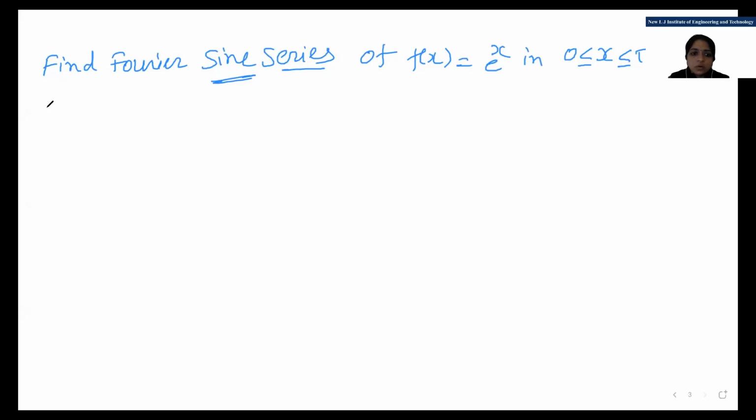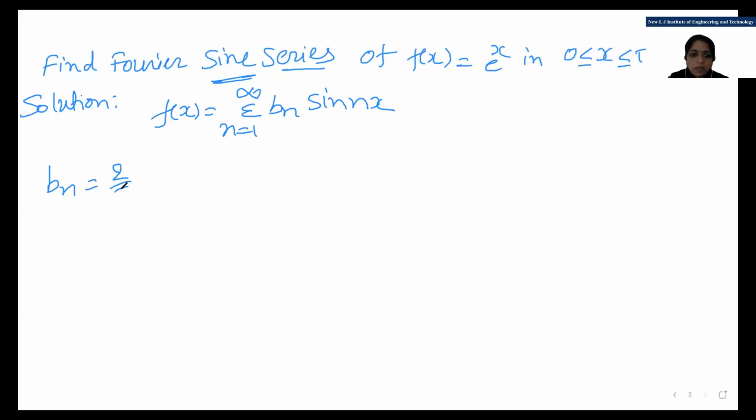So as we know, the Fourier formula for the sine series in the interval 0 to pi is summation n 1 to infinity bn sin nx, right? And the formula for bn is what? That is 2 by pi integral 0 to pi, as our interval is 0 to pi, right?